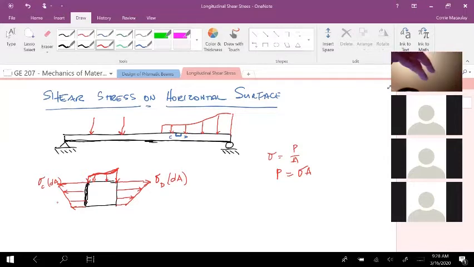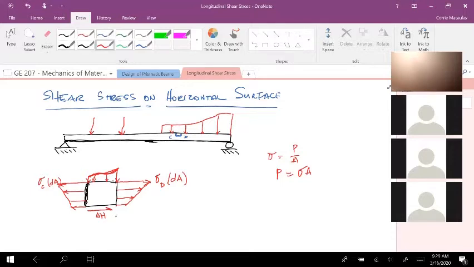So I should expect that there is some force acting along that face that would be in either the left direction or the right direction. And let's call that delta H. So I'm just trying to paint that picture that there are longitudinal shear forces acting internally on any section of that beam.